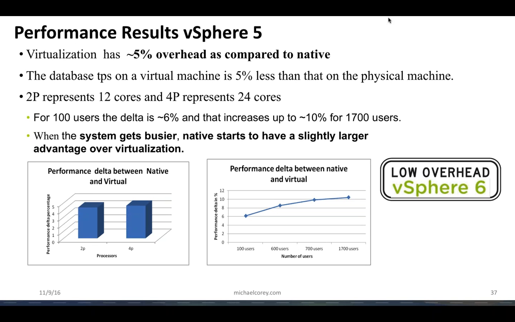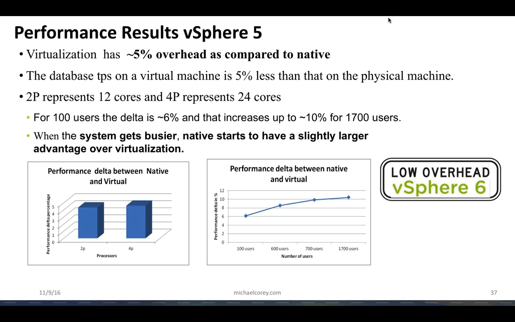Let's repeat that. You are absolutely hosed. Any system that is so busy that there's no headroom, then you've got the system competing for resources against itself. That's bad. So I will acknowledge that the physical world is slightly more efficient, but in the newer versions of vSphere, we're talking about a 2% overhead.